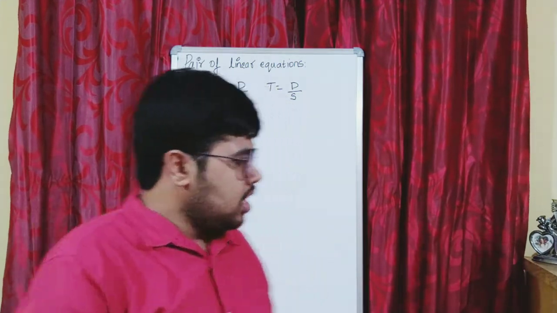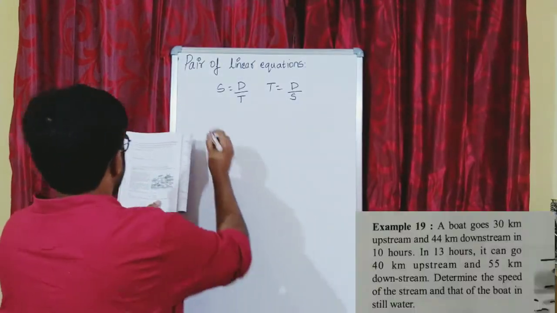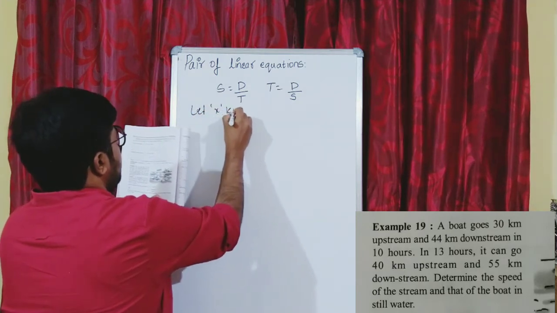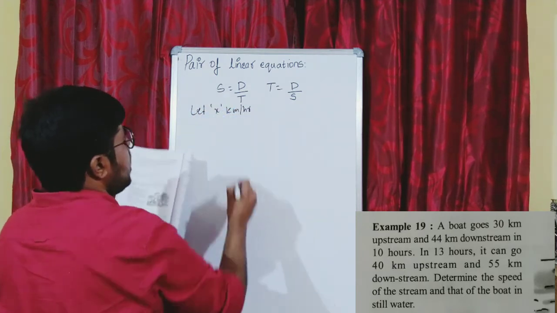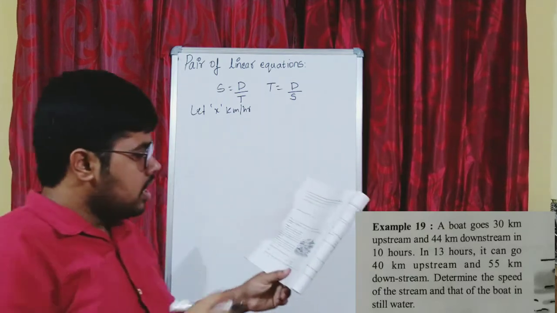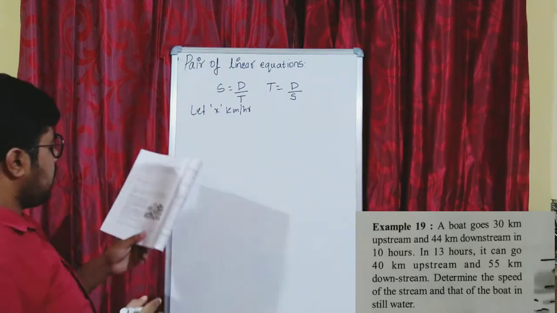Okay, they are asking this. So let us first take whatever is given as x and y. Since it is speed, I hope you know the unit of speed is kilometer per hour, since all terms are given in kilometers and hours.